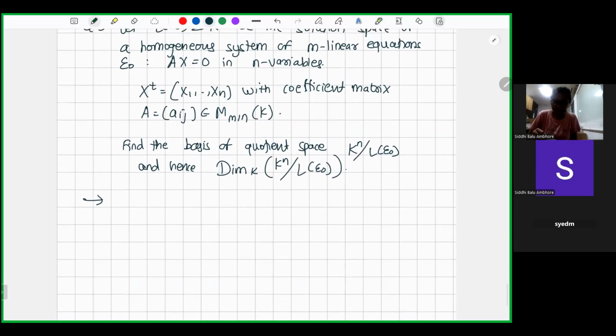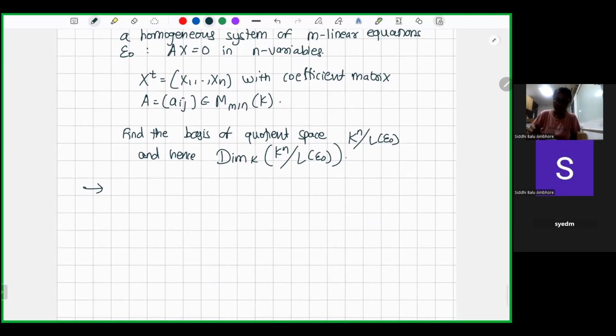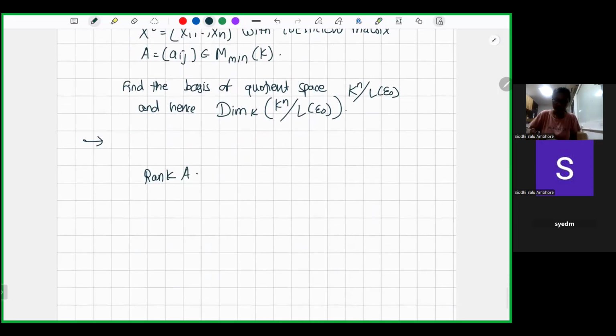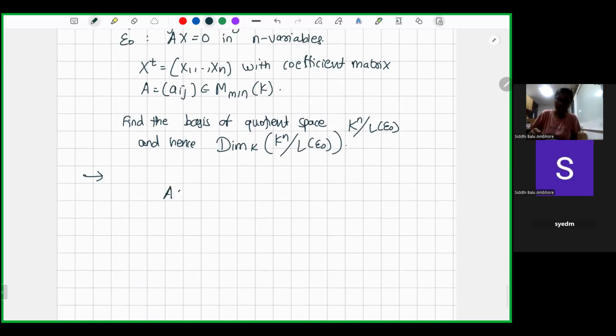What we find is the rank of A. Or if we want to look at A, we can look at it as a map.